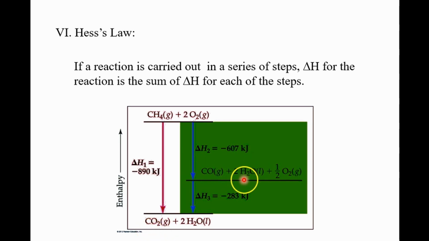Sometimes this last step maybe doesn't occur so well. That's why you want your hot water heater and your furnace to be nicely vented so you don't breathe any CO. But the main point is the enthalpy change here and the enthalpy change here sum up to this one over here, negative 610 summed with a negative 280 sum up to negative 890.